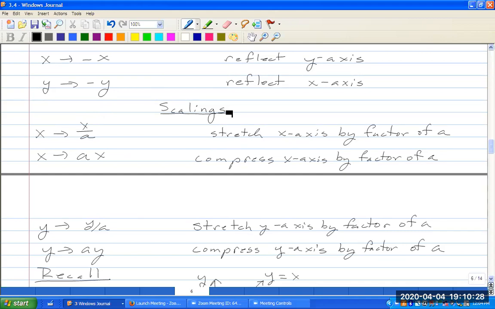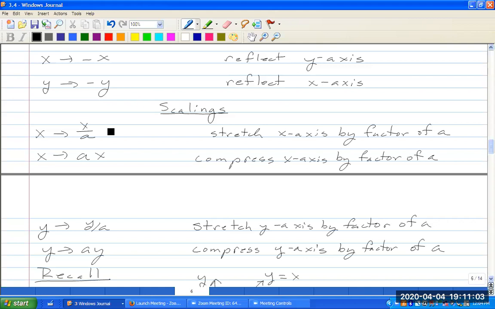So now let's talk about scaling and compressing. Suppose I replace x by x over a. Again, I'm assuming a here is greater than 1. Suppose I replace x by x over a. Then I will draw the sketch of my function where I have replaced x-axis by multiplying it by a.